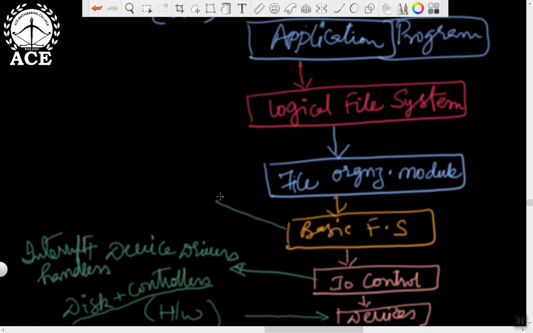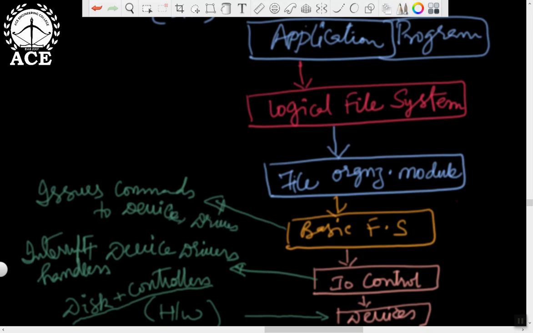Now basic file system issues commands to the appropriate device driver for reading blocks of the disk. Earlier I said the last part of the disk contains blocks, so it issues commands to the device driver for reading of blocks. That means all the device drivers are under the control of basic file system. File organization module basically translates logical block numbers.